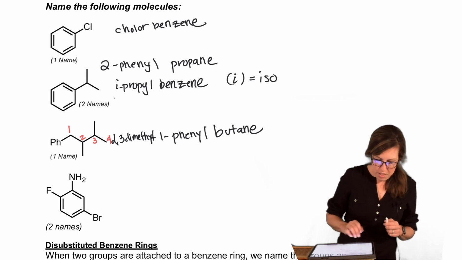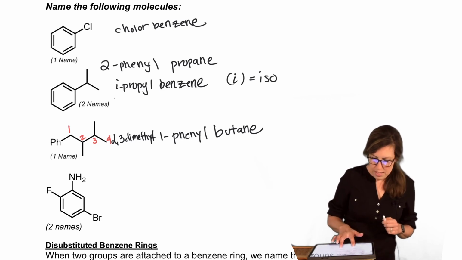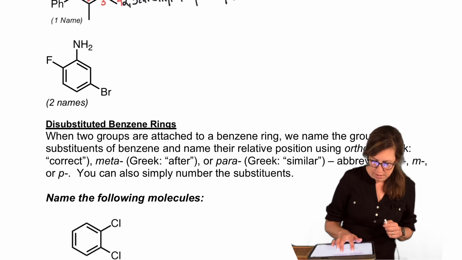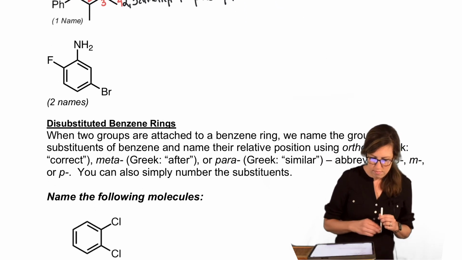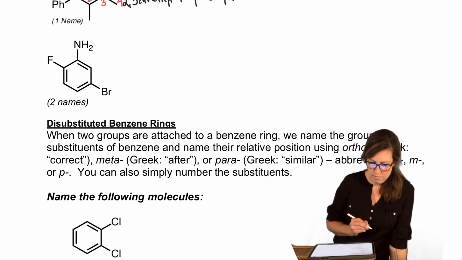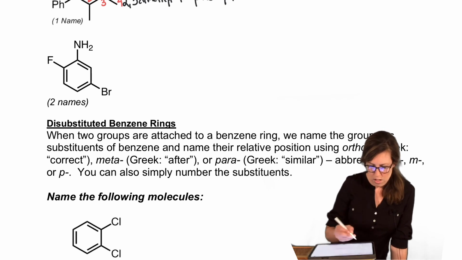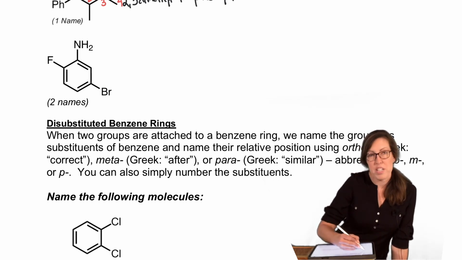Okay, let's step it up a notch and name something with 3 substituents. How are we going to do that? Now, we have to find our highest priority group. The priorities establish who the parent is, and we have a benzene ring.